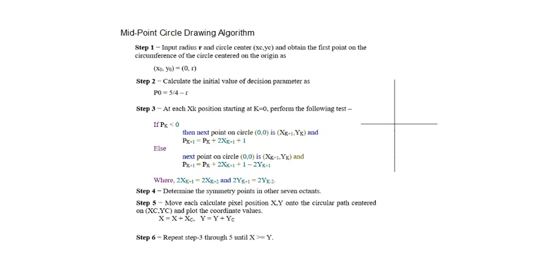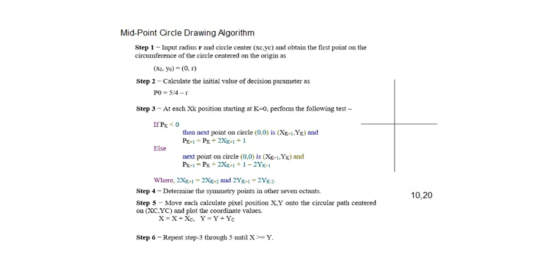Suppose I want to draw a circle with center (10, 20). It will not be drawn at (10, 20) in the first go. It will be drawn on the origin and then shifted to that place. This algorithm will tell us about how to shift that.